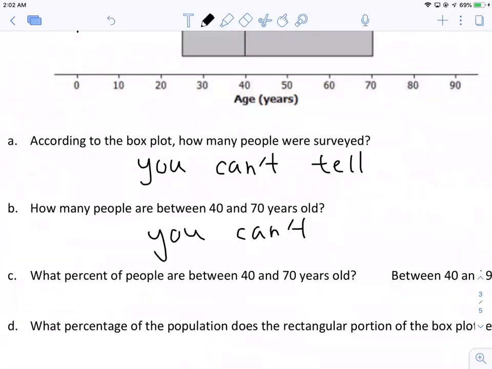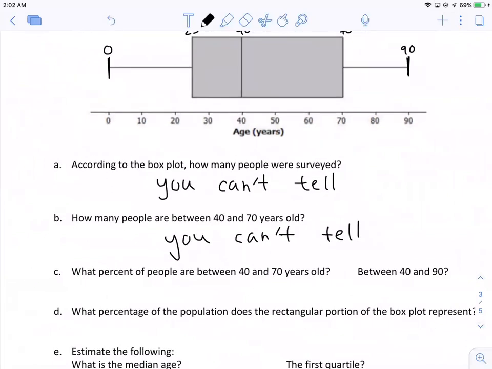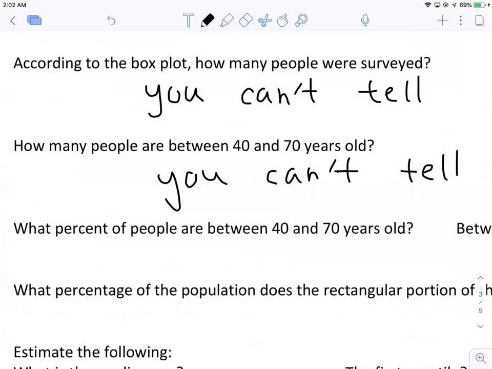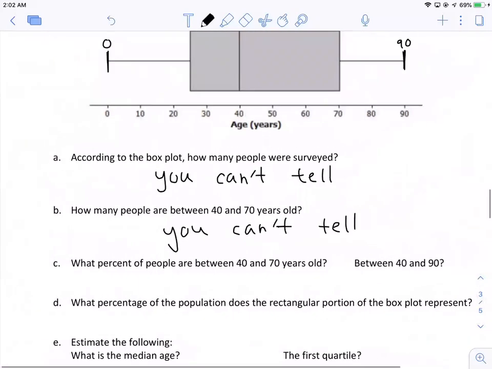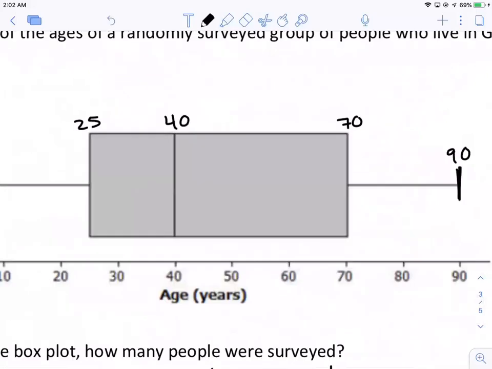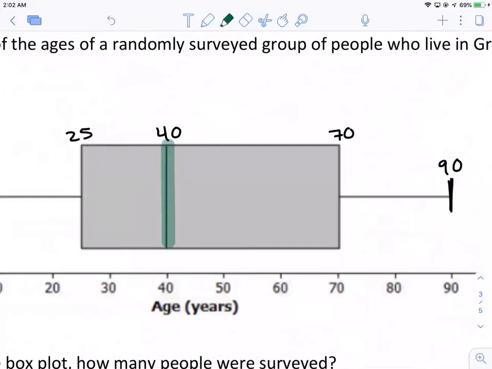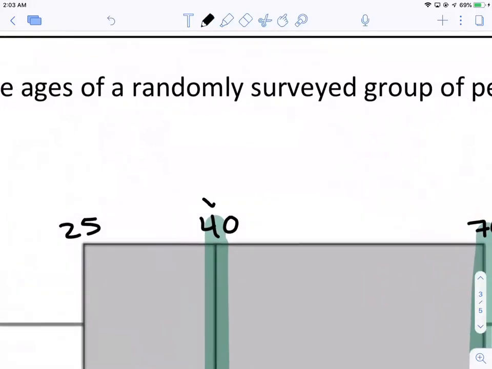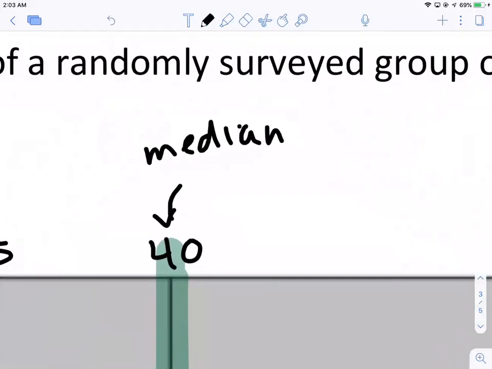So you can't tell specific numbers, but what you can tell is percentages. So for example, what percent of people are between 40 and 70 years old? Well, 40 to 70, wasn't 40 the median? Right, this here was the median. The median is the halfway point.